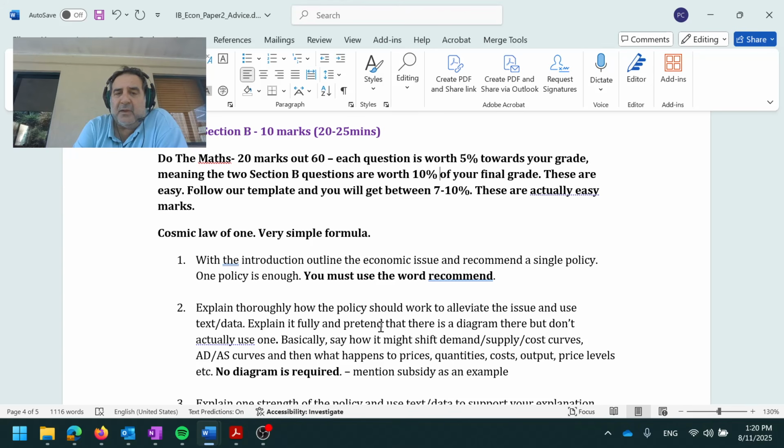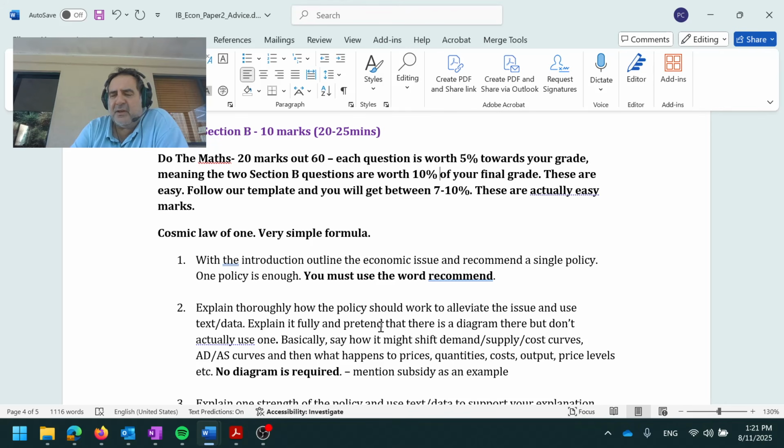And remember, those 60 marks are worth 30% of your final grade. So that means each section B question is actually worth 5% towards your grade. And obviously adding up the 2, you get 10% of your final grade. The great thing is these are very easy questions to do, especially if you follow our template or formula.